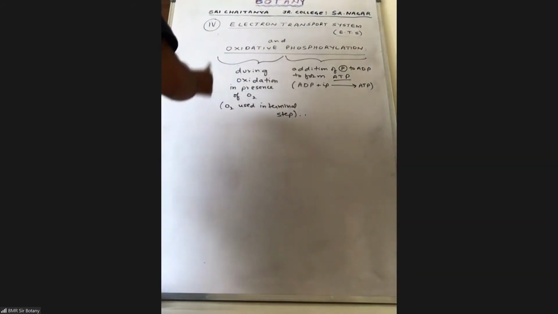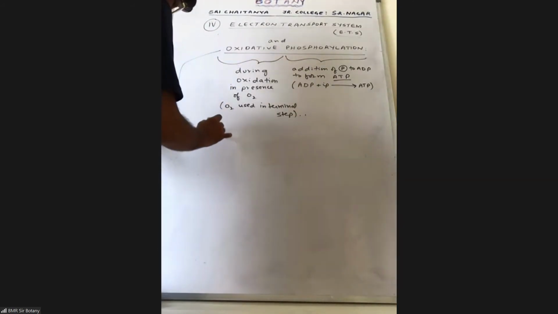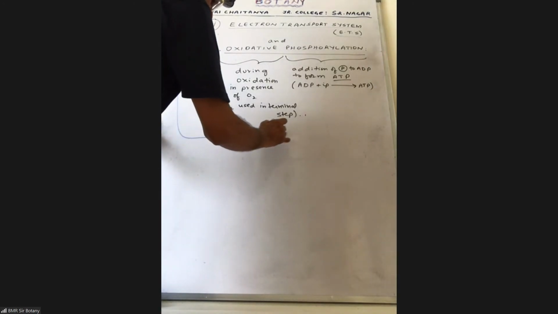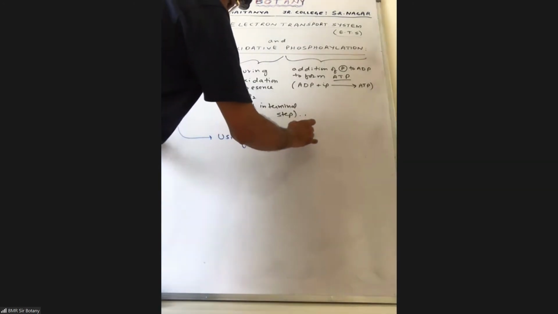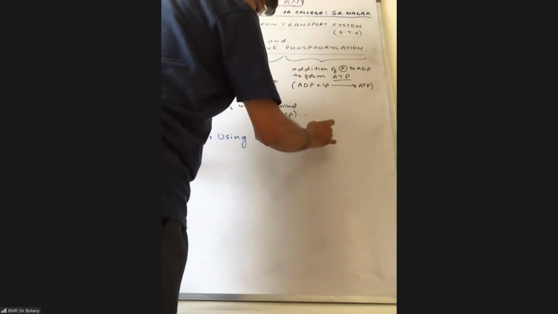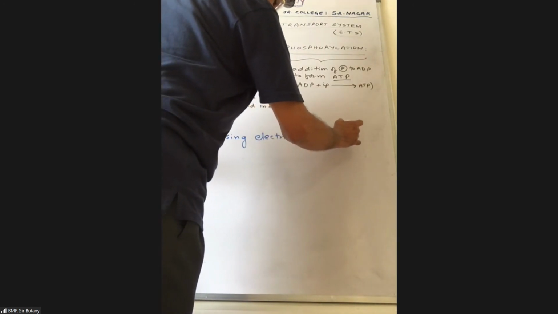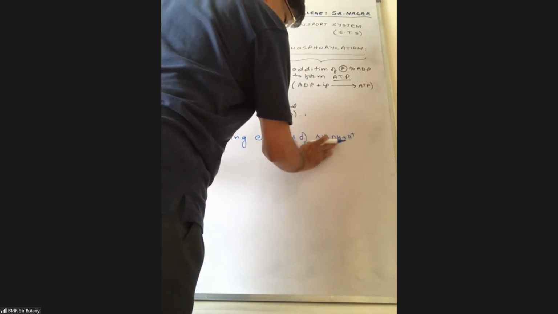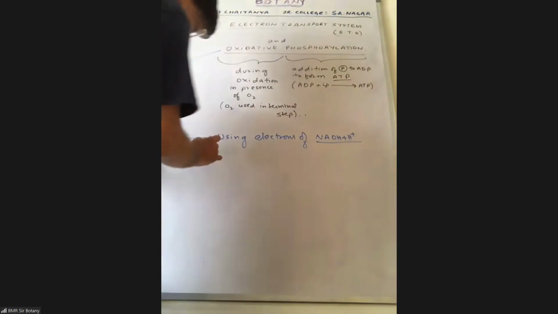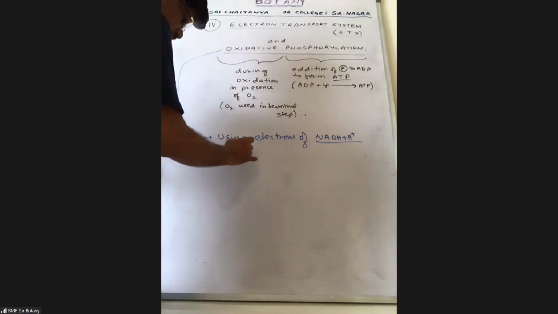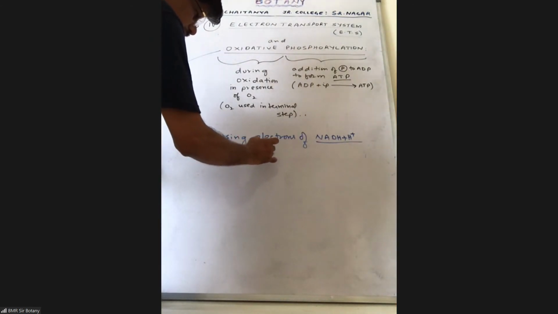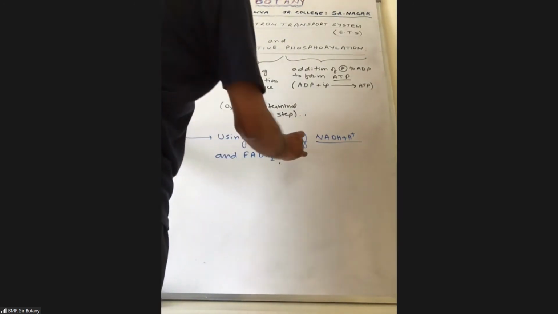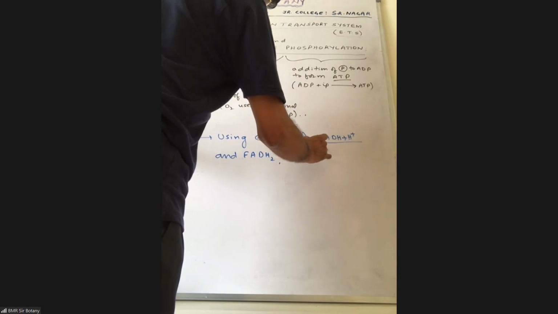So you are literally going to notice here, using electrons of NADH plus H plus and FADH2, the ATP's formation takes place.